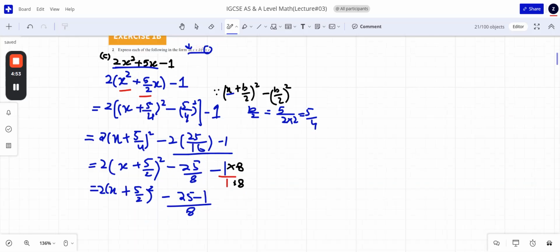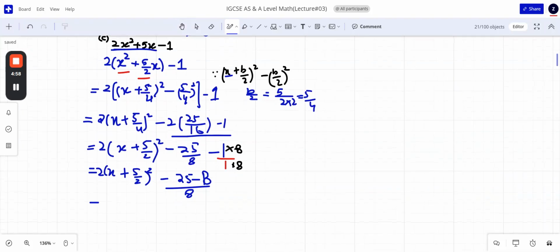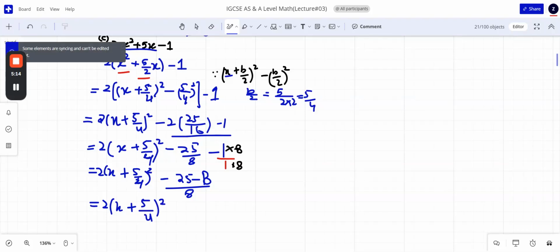Then further, the first part again we will keep the same, 2 into x plus 5 by 4 whole square, then minus 25 minus 8, so it would be minus minus makes plus. 25 plus 8 is 33, so minus 33 over 8.